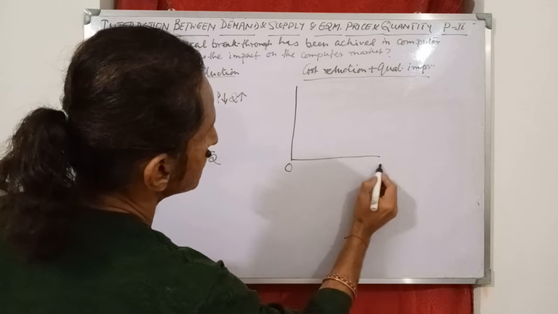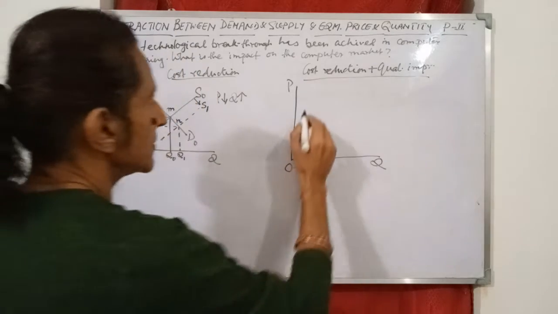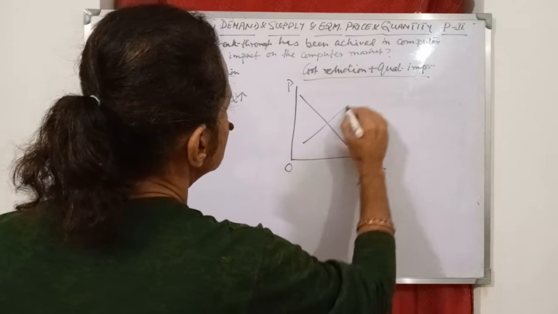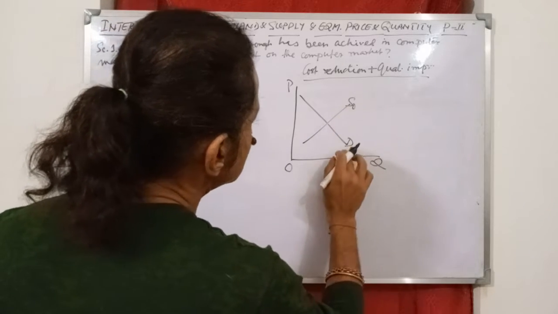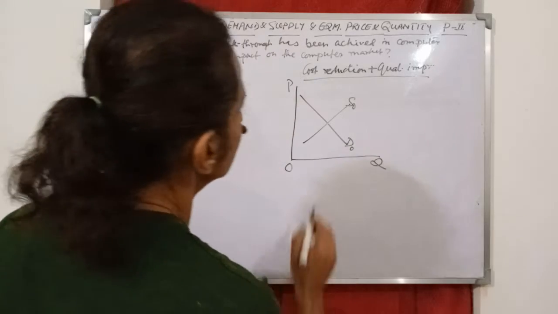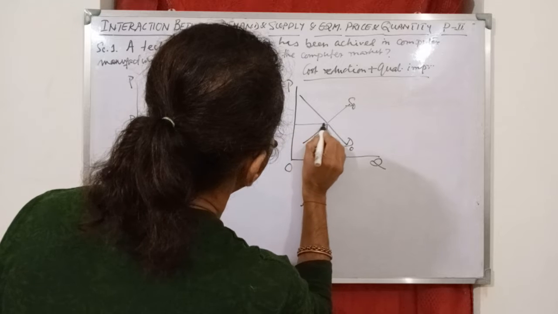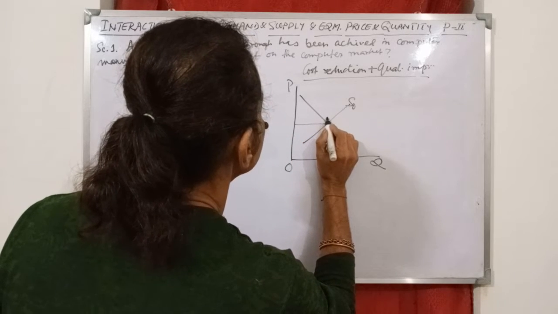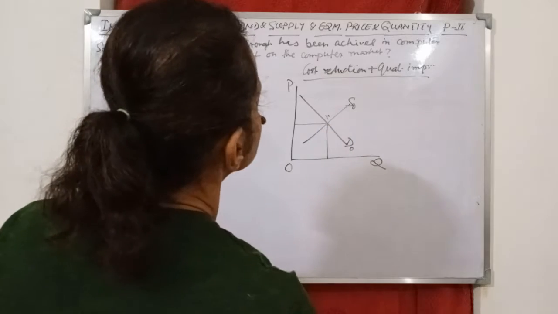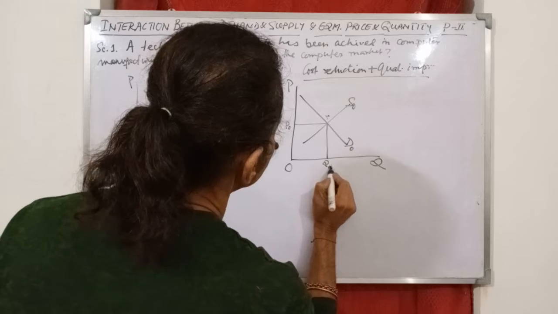On x-axis we measure quantity and on y-axis we measure price. Let this be the demand curve and supply curve respectively. That is, D sub 0 is the demand curve and S sub 0 is the supply curve. Let them intersect at point, say, R. So equilibrium price and quantity are P sub 0 and Q sub 0.